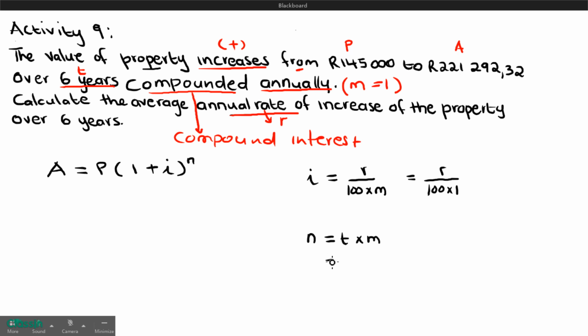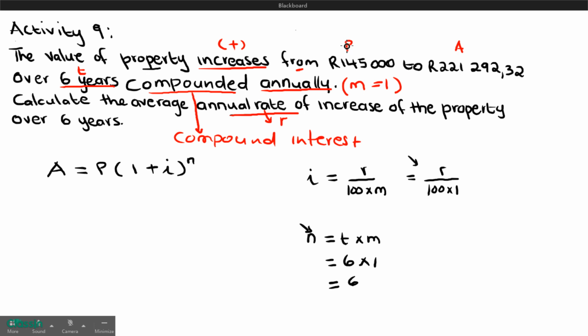But for the value of T, you have 6 years multiplied by the value of M, which is still 1, therefore you have got 6. So now we know how much will be our N and how much will be our I.